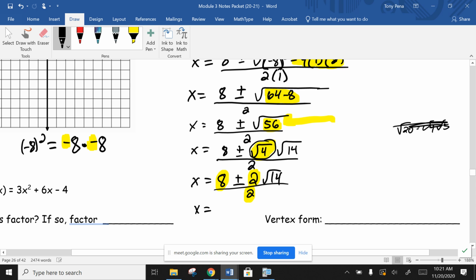So what goes into an 8, a 2, and a 2? The biggest number is 2. So we reduce all those by 2. 8 divided by 2 is a 4. 2 divided by 2 is a 1, and then our root 14. And then I should have my plus or minus there. And then 2 divided by 2 there is a 1. So if I don't write that 1, notice how I have 4 plus or minus root 14, just like we had at the top of the paper.